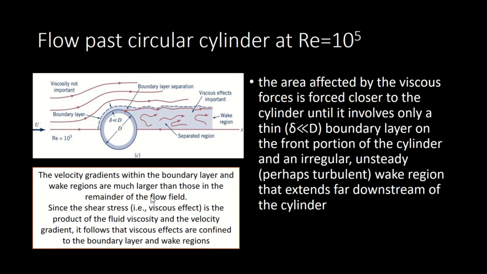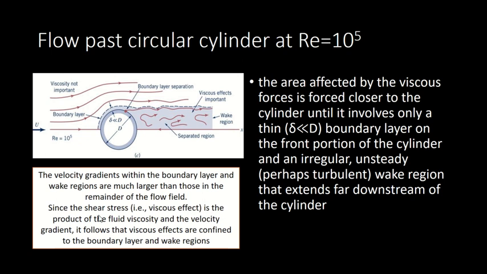Since the velocity gradient is much larger than in the remainder of the flow field, where the flow is inviscid or viscosity is not important, and since the shear stress, the viscous effect, is the product of the fluid viscosity and the velocity gradient, it follows that viscous effects are confined to the boundary layer and also the wake region.